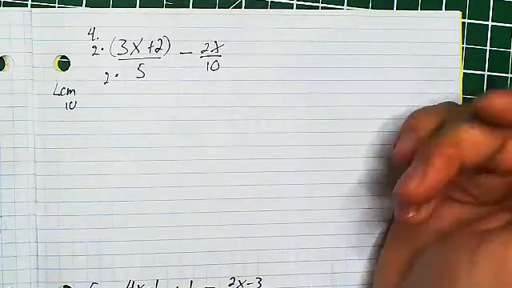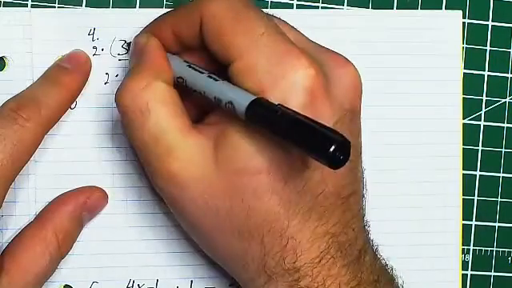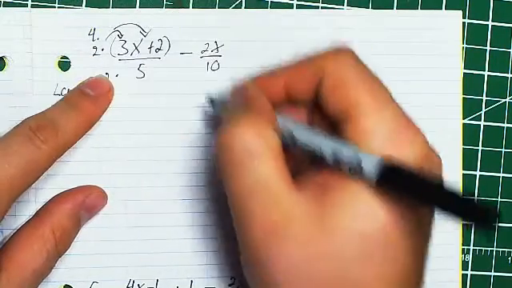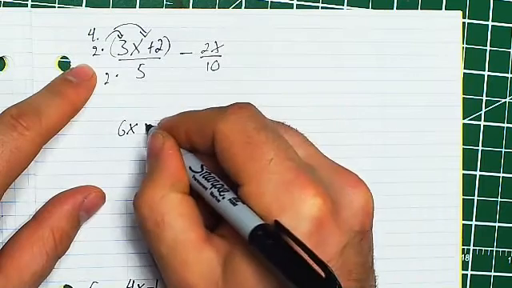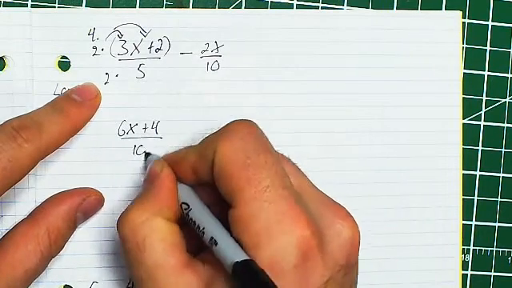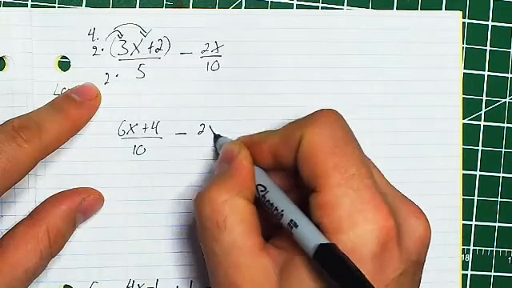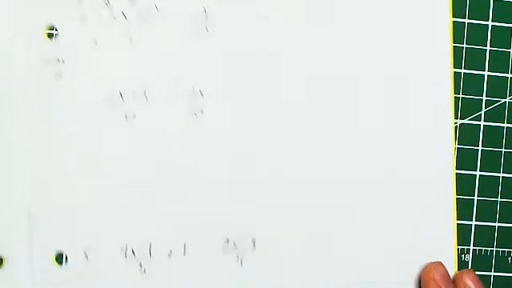My right side, I did nothing to it. So 2 times 3x turns into 6x, and 2 times 2 turns into positive 4, all over 10, minus 2x over 10.